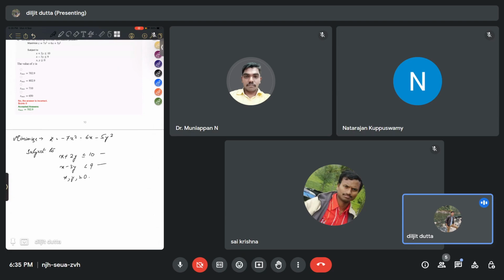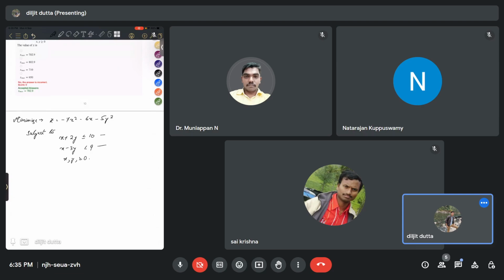So these are two conditions. We will have lambda 1 and lambda 2 and we'll have to add two constraints.